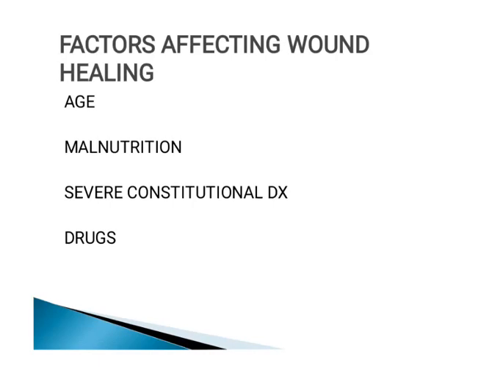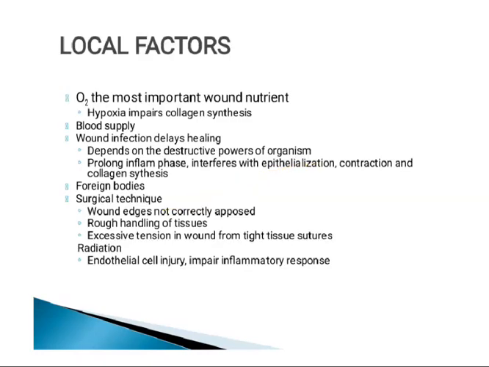So the factors affecting wound healing: we have age, malnutrition, severe constitutional diseases, and drugs. And the local factors. Basically, oxygen is the most important wound nutrient, so hypoxia impairs collagen synthesis.